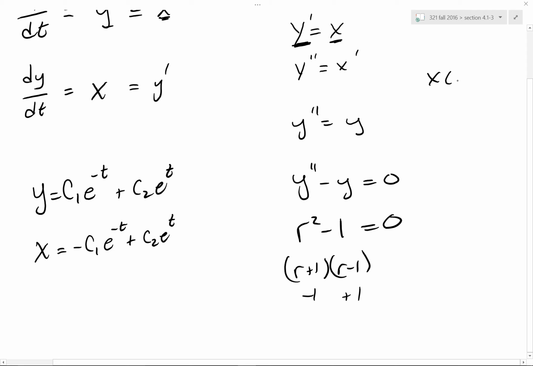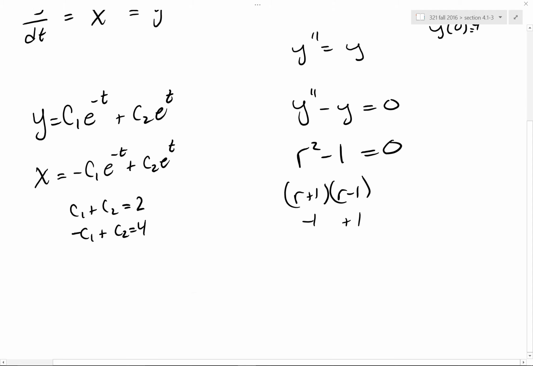Now, somewhere I probably told you an initial condition. I didn't yet. But I'm going to pretend like I did. And so if that were the case, then I'd have C1 plus C2 is equal to 2. Negative C1 plus C2 equals 4. I'm just going to solve this. If you're going to do it on your calculator, don't pay attention to what I'm doing here.